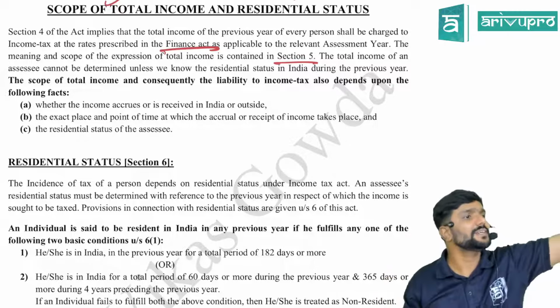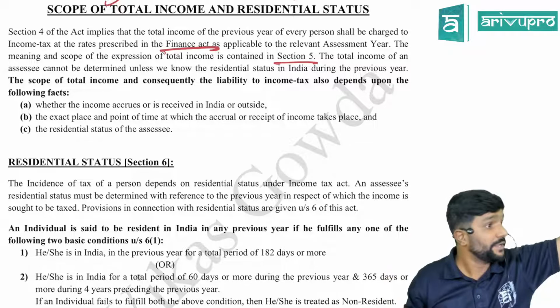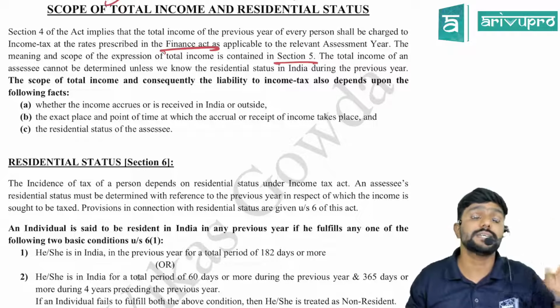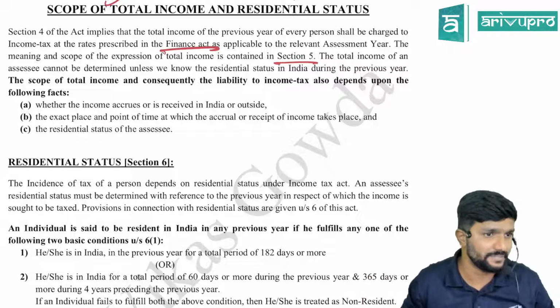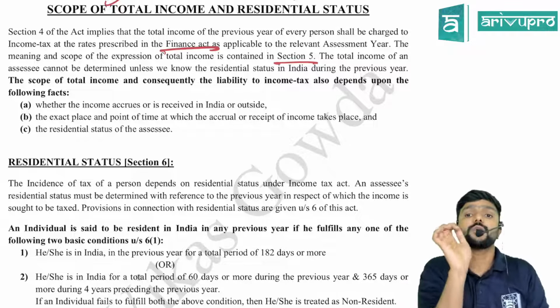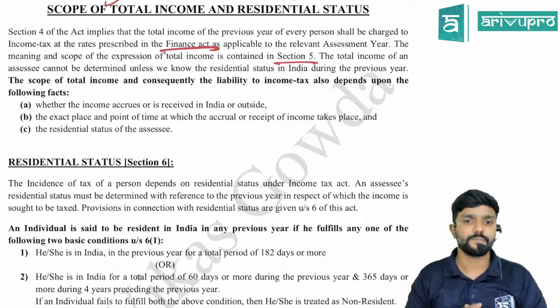If something is earned in the past, normally you would have paid tax on it. If you have not paid tax in the past year, then we will consider it as undisclosed income in the current year. So we normally target the income earned in the previous year, 23-24.